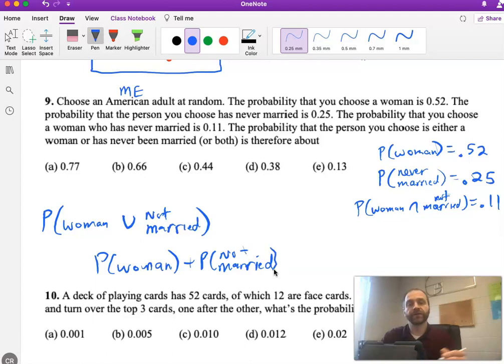And we know there's overlapping because we do see it. So I'm going to subtract the probability of the intersection, woman and not married. The pen is not working right for the OneNote, so I need to write slower.